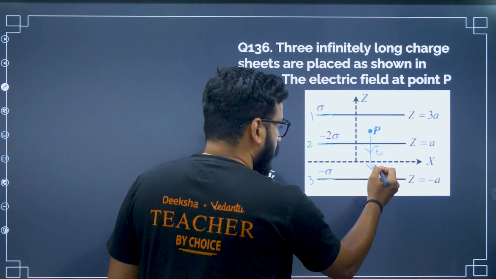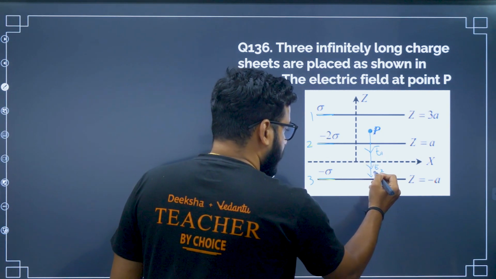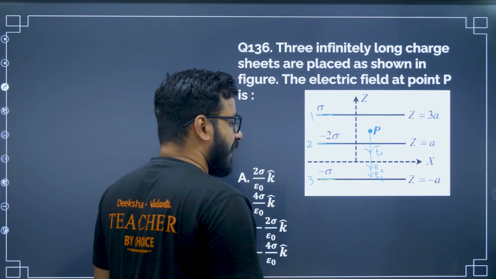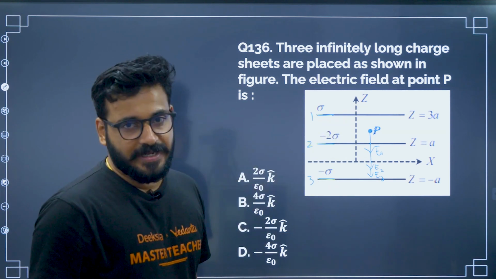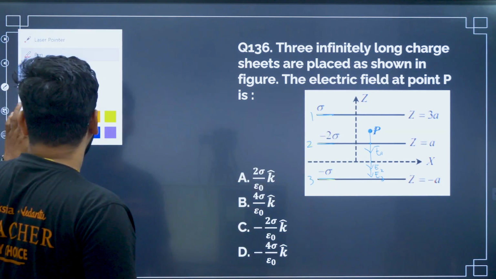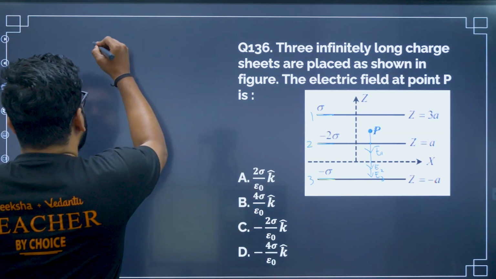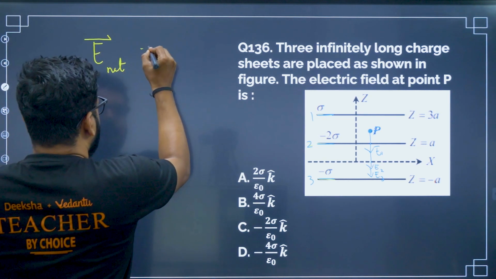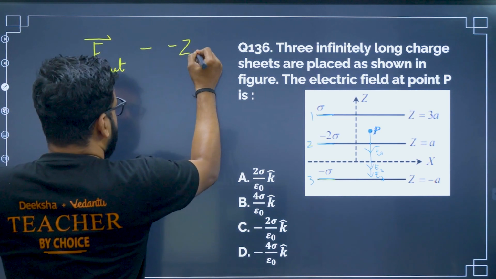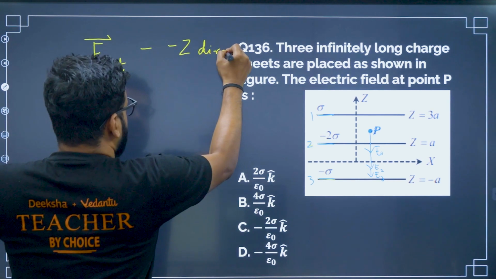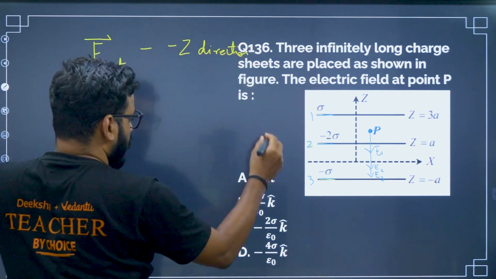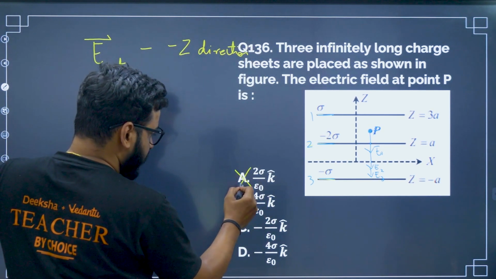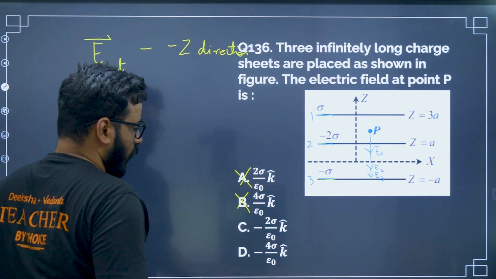So this is E2 and E3. All of them are in the same direction, the negative Z direction. So the net electric field is in the negative Z direction.